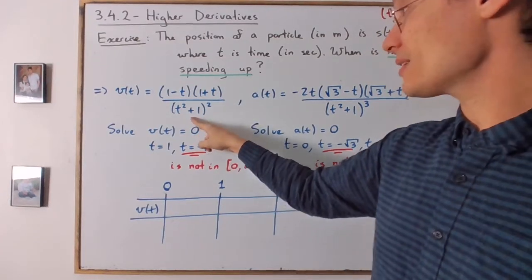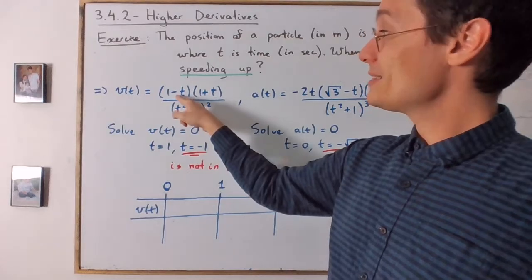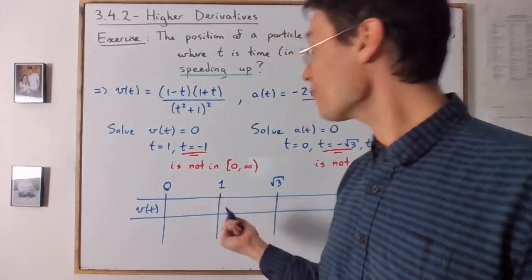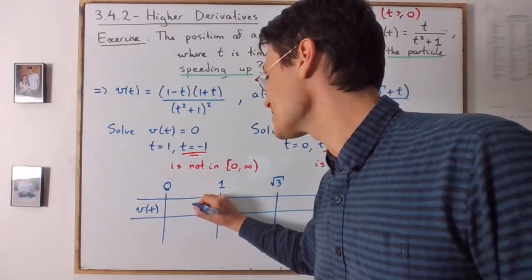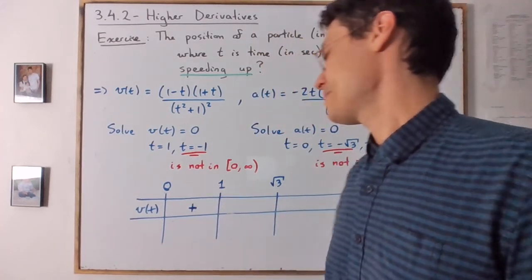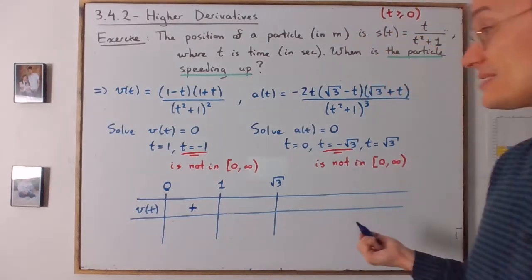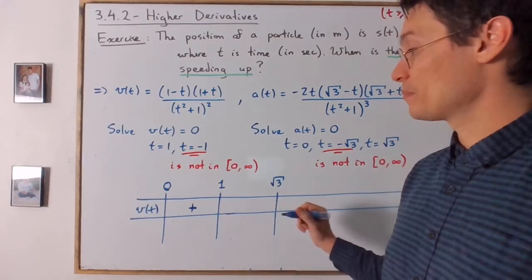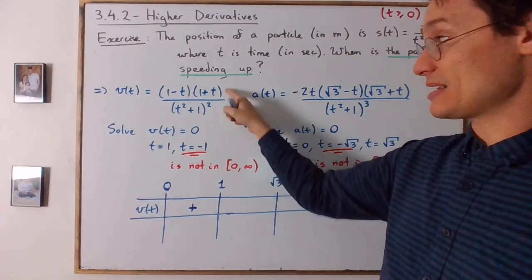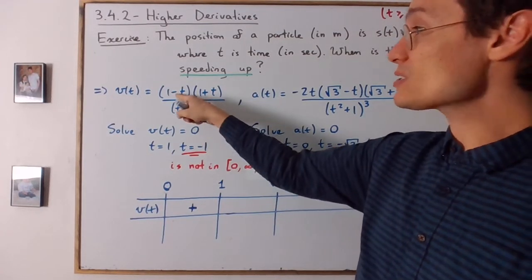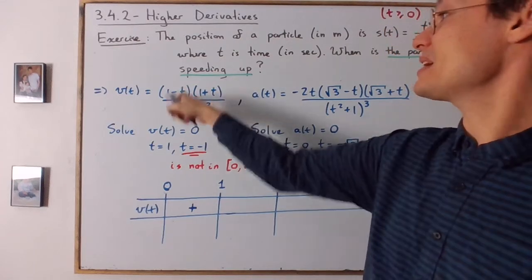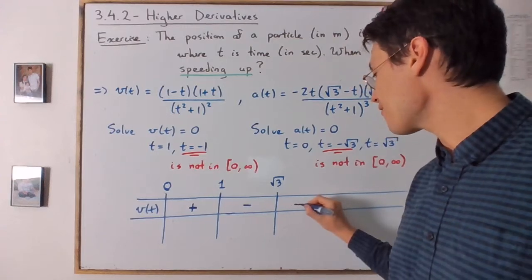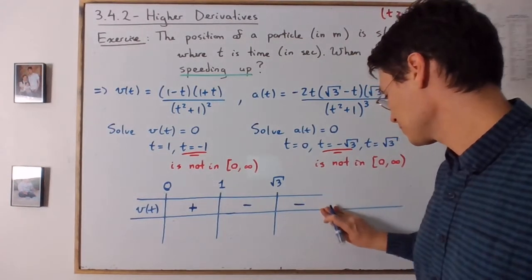But when t is between 0 and 1, this is positive as well, so the overall factor is positive, and we know that the velocity is positive there. Now, after 1, what's going to happen? This and this are positive, so we're okay there. But this will now become negative, making the overall velocity negative. So it will be negative forever after.